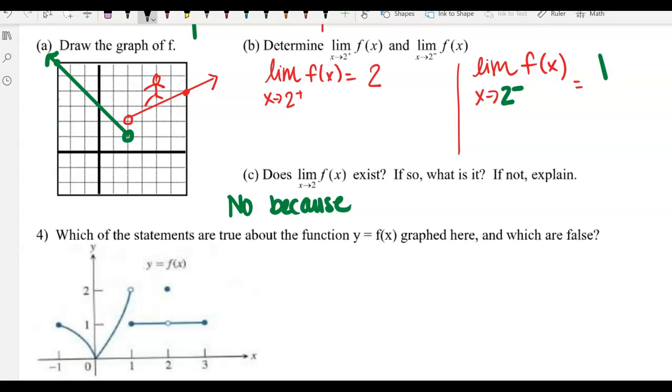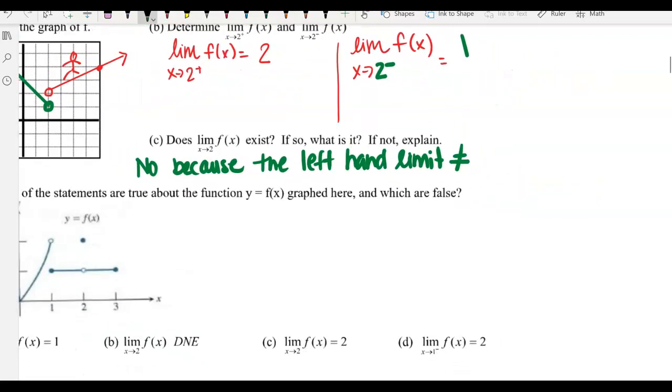Because the left-hand limit and right-hand limit are not equal. The left-hand limit does not equal the right-hand limit, okay?